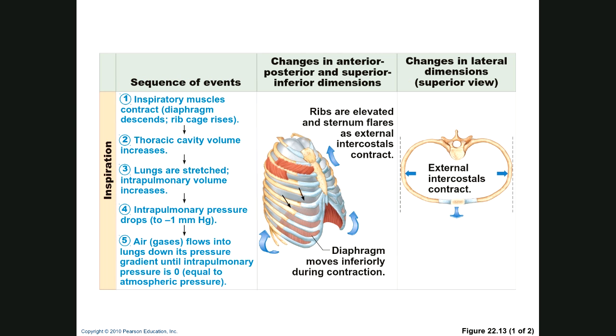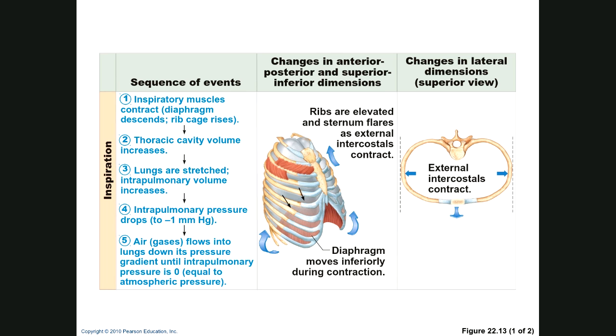All right, so again, the reason why we breathe in is because we're going to expand the thoracic cavity. There are two muscles that allow us to expand the thoracic cavity, and these are called respiratory muscles.